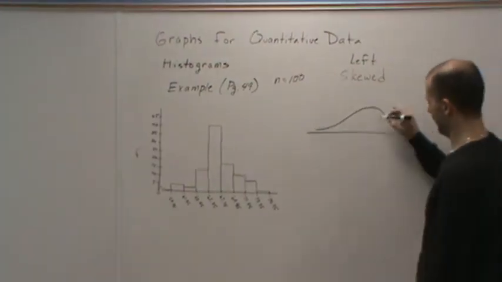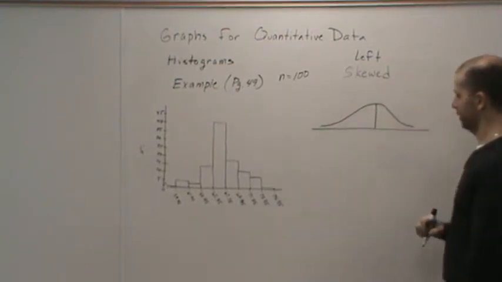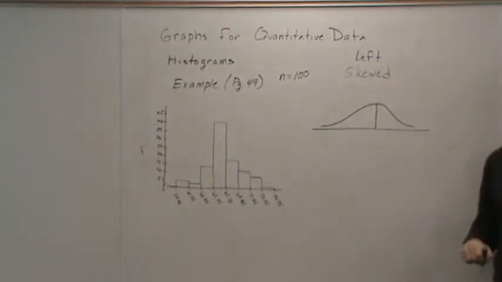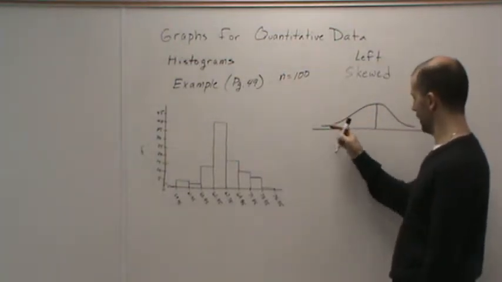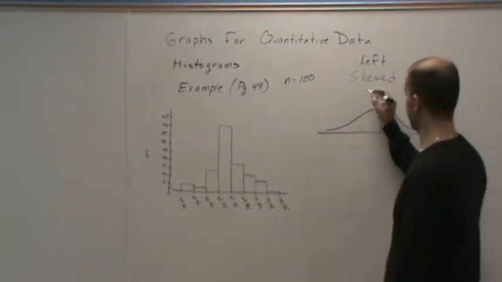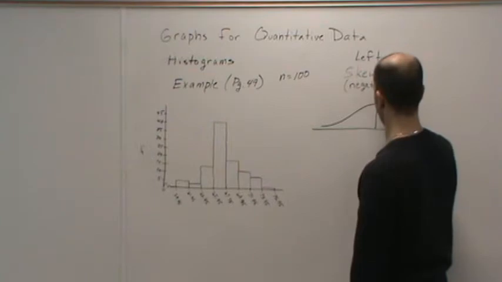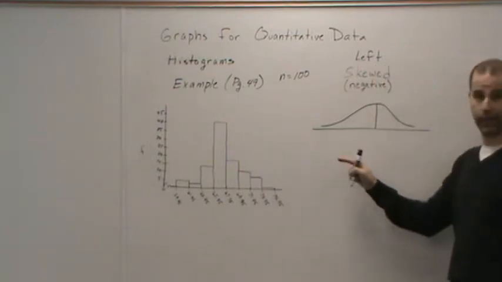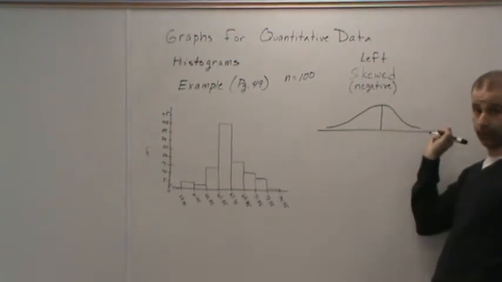So here's the distribution where the middle is about right there, and it's obvious that the data is skewed to the left. So this would be an example of left skewed, or another way of saying it is negative skewed, because the tail is bigger in a negative direction versus positive.